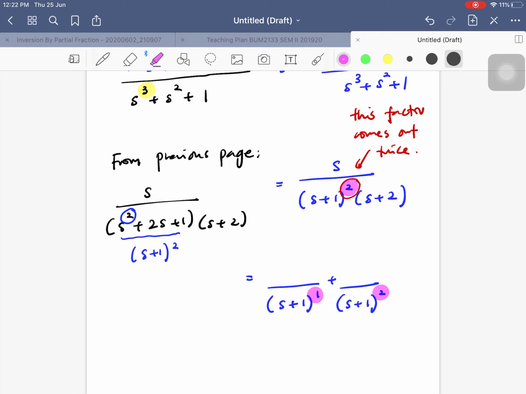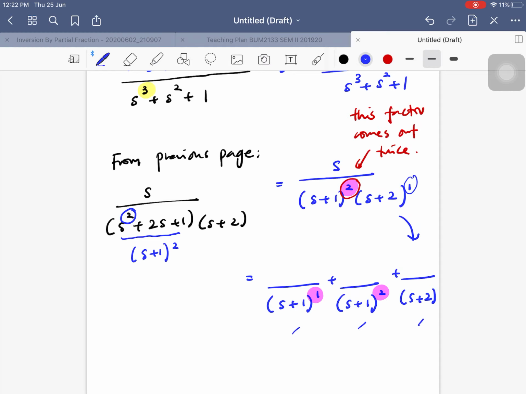And for the second factor, this is to the power of 1, so we know that it only comes out once, one time only, so that is going to be over s plus 2 to the power of 1. Okay, so based on the power outside, we know that we are going to end up with 3 partial fractions. Here goes 1, 2, and 3.